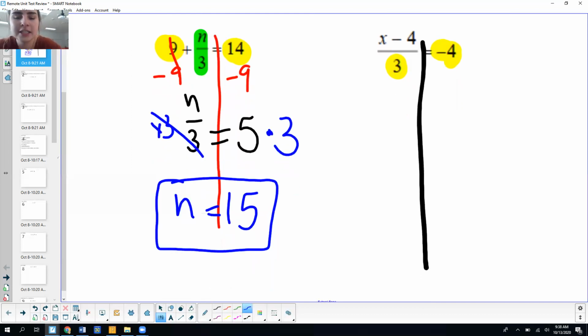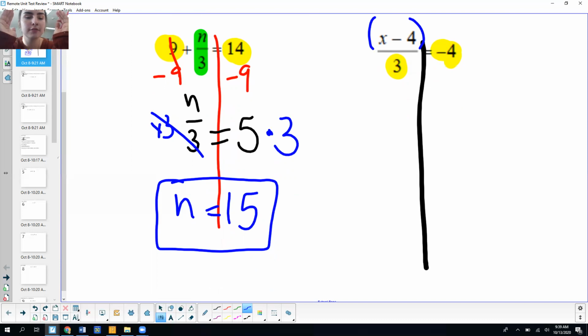So with this x minus 4, typically people want to add the 4 to both sides, but before we can do that, I want you guys to think about something. This x minus 4, that whole expression is being divided by 3. So it is x minus 4, and I'm putting it in parentheses so we know that that's a whole expression. And that whole thing is being divided by 3. So x minus 4 divided by 3.